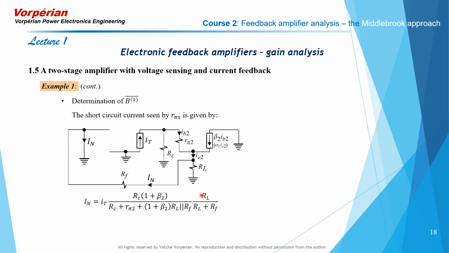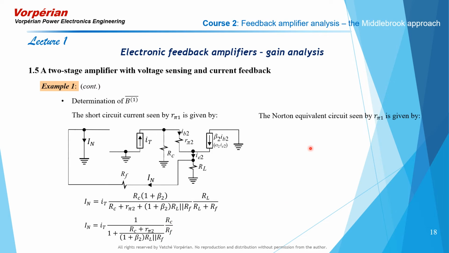So we write that second current division, and from this we get the amount of Norton current in terms of the current source IT given by this expression, which follows from this one by multiplying up and down by RF. This turns into RL parallel RF, and we can divide the whole expression up and down by 1 plus beta 2 RL parallel RF, and we get here RC over RF.